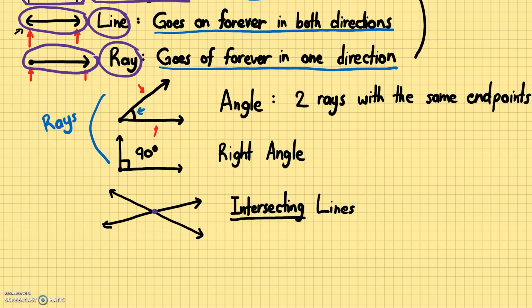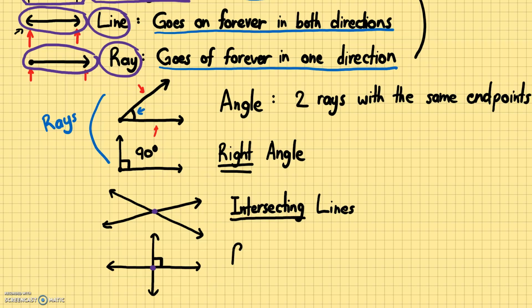And when they cross at right angles, so that means if I have one line like this and another line like this, and you can fit, remember right angles that we've looked at above here? Right angle means you can fit a little square in between. So if you can fit a little square here, these two lines are intersecting right here, but in addition to that, the angle between them is a right angle.